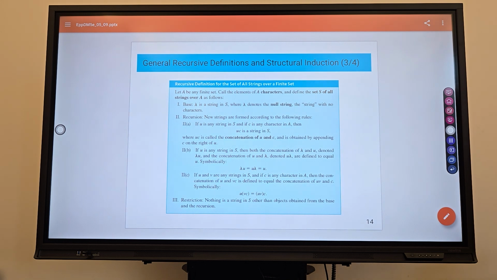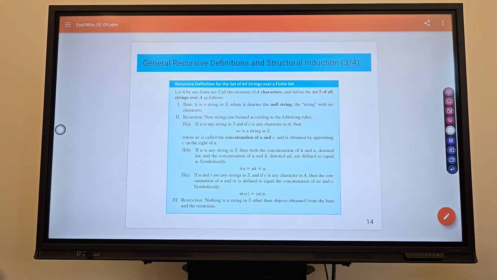Basically, concatenating the null string to any string gives you the original string. Rule 2C.